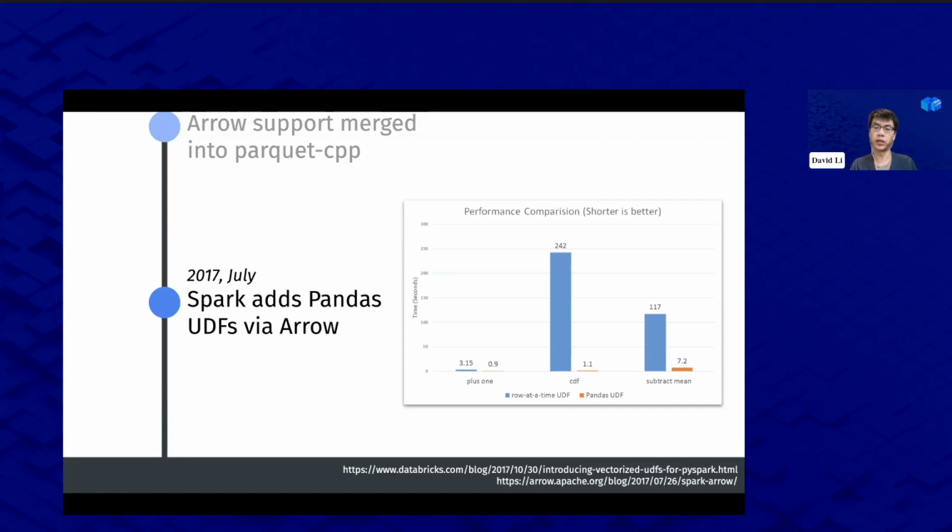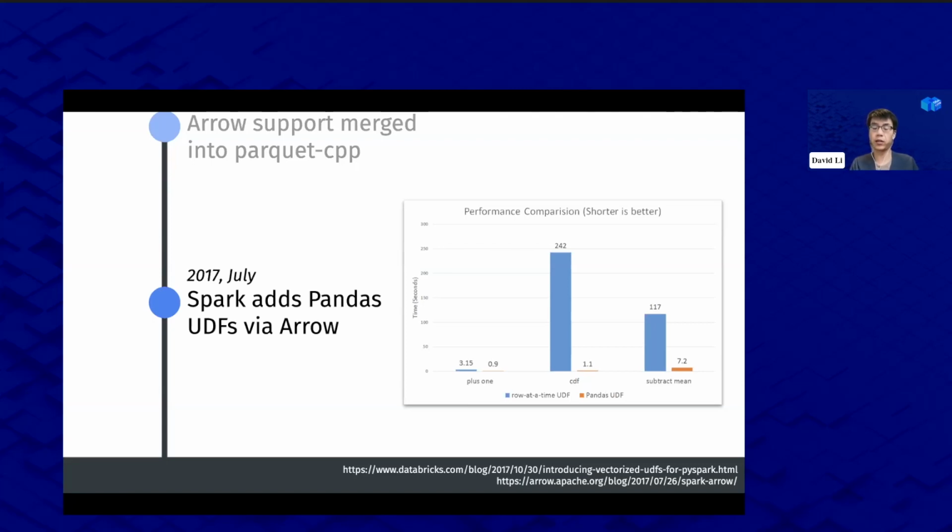Spark adopted Arrow because they wanted to optimize their user-defined function implementation for allowing PySpark users to define UDFs. They had an implementation, but the problem with that implementation is that it was row-based and had a lot of overhead. They had a lot of overhead converting from the Spark data representation and serializing that to something Python could read, and they have to pay that overhead on every row.